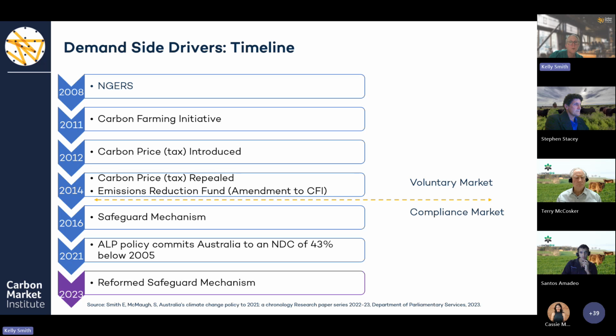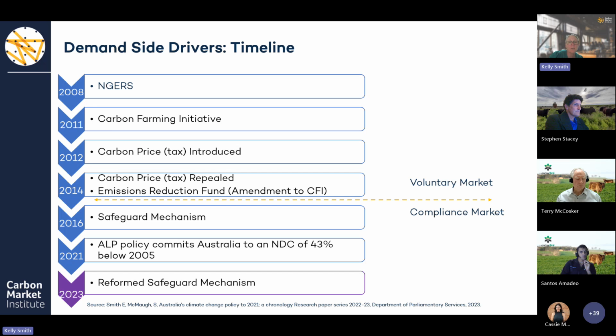So that brings us to the reformed Safeguard mechanism, which is what we have today, and it was introduced in 2023, with the financial year 23-24 being the first year when the reformed Safeguard mechanism applied. For the majority of cases, the reformed Safeguard mechanism applies a production-based limit or baseline to Scope 1 emissions for facilities which emit over 100,000 tonnes of Scope 1 emissions in a year.